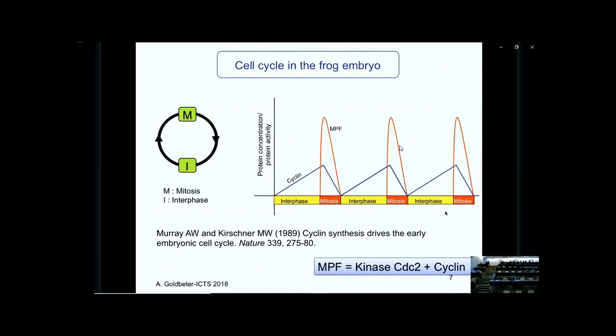CDC2 is a cell division cycle mutant, which was characterized in yeast. And CDC2 is a protein kinase, an enzyme that attaches a phosphate group to another protein, and thereby can activate it or inhibit it. In this case, this type of phosphorylation inhibits.